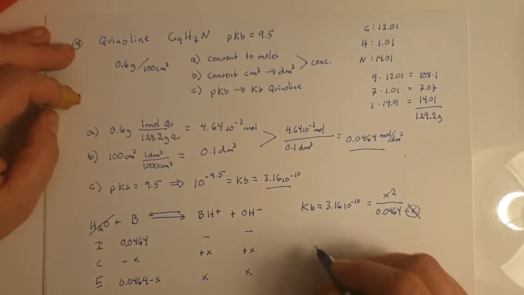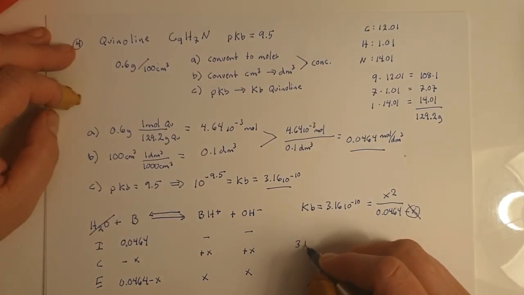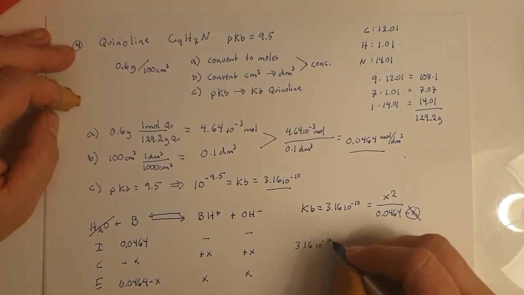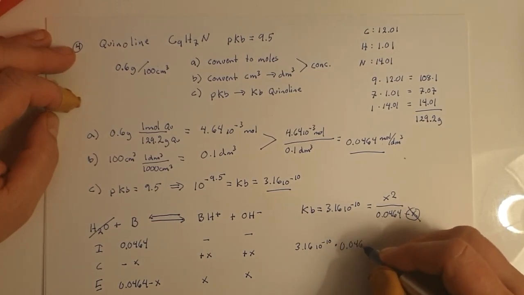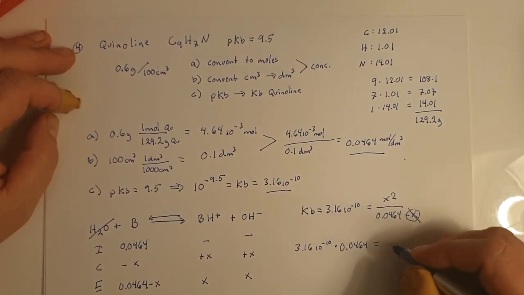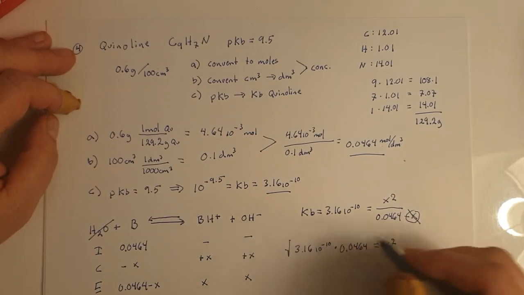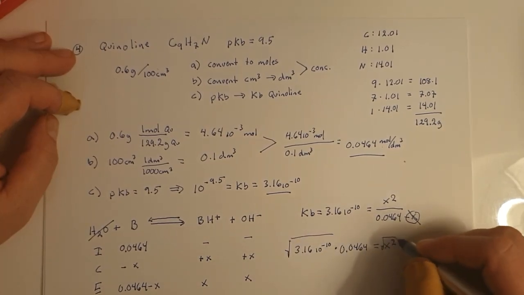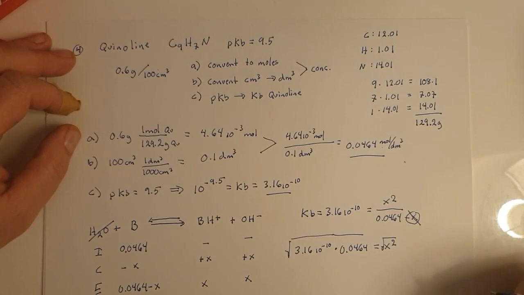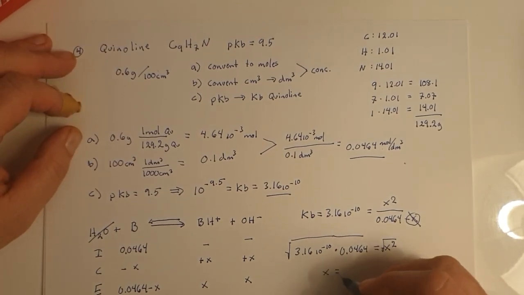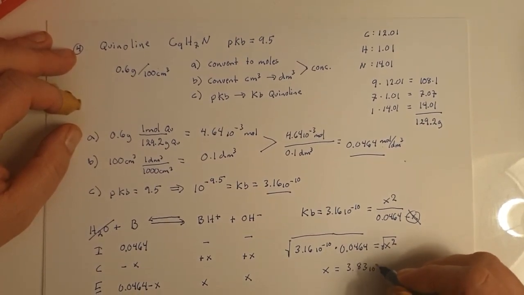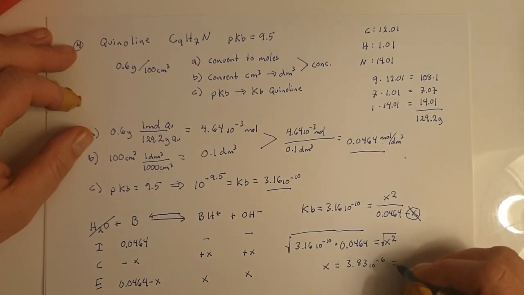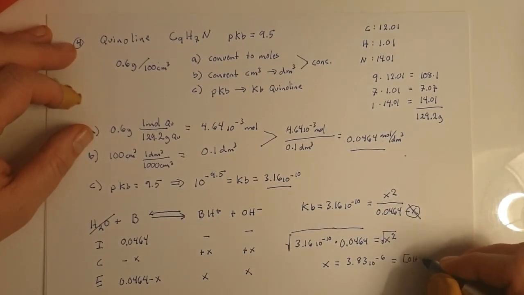Then we can rearrange this so that 3.16 times 10 to the minus 10 times 0.0464 equals x squared. If we then take the square root of each side, we're left with an x value of 3.83 times 10 to the minus 6. And this will be equal to the OH minus concentration.